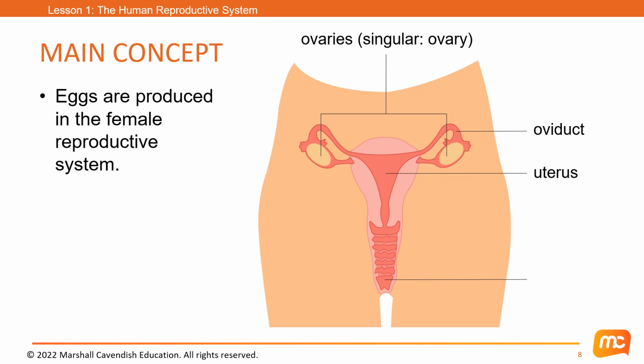So the uterus will hold the eggs inside until it's time, after the eggs are ripe. Okay, and if the female does not get pregnant, that means the eggs will dissolve and then be taken out of the body from the vagina as blood.